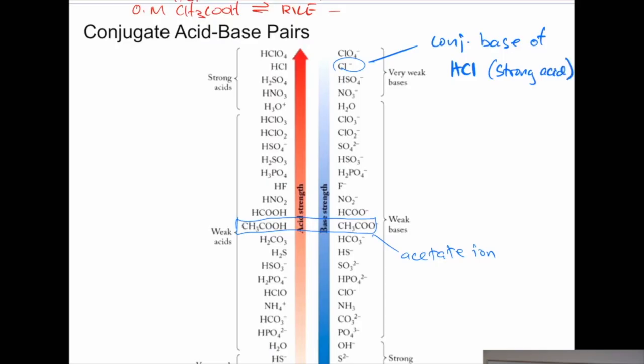So remember that conversation that we had last Friday. If it's a strong acid, HCl goes 100% into H+ and Cl-. So even though we call this a conjugate base, does it really behave like a base in solution? Does it actually act as a base and accept that proton in solution and form HCl?